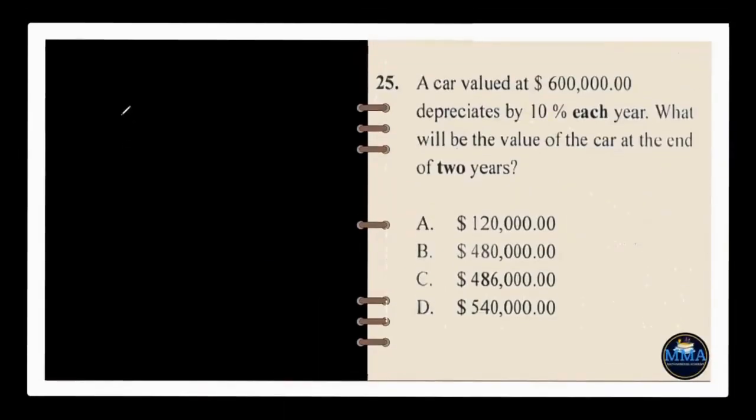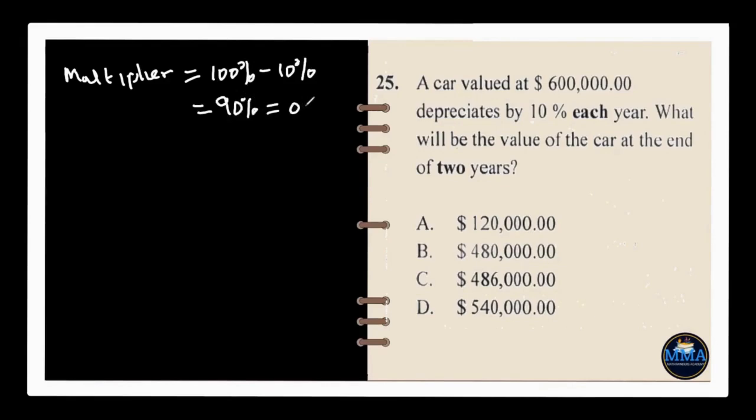Question number 25 says a car valued at $600,000 depreciates by 10% each year. What will be the value of the car at the end of 2 years? Now, depreciation, what happens is I can get my multiplier by subtracting 10% from 100%, and that gives me 90%, which is 0.9.